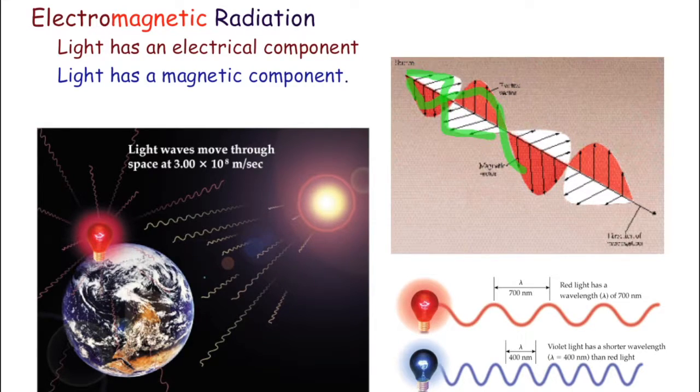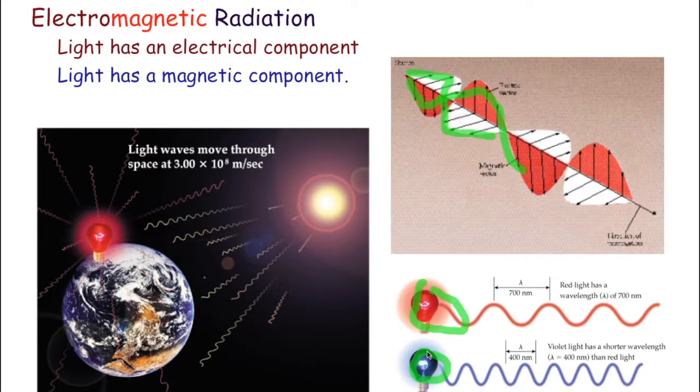So any type of electromagnetic radiation, whether you're talking about light or heat, or microwaves, or gamma rays, or X-rays, or radio waves, have both of these components. The difference between, say, a radio wave and a microwave, or even infrared, which is nothing more than heat, is the wavelength of light. Here you have an illustration showing red light and blue light.